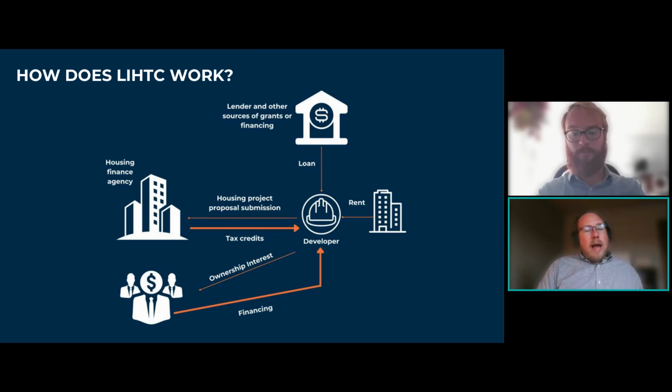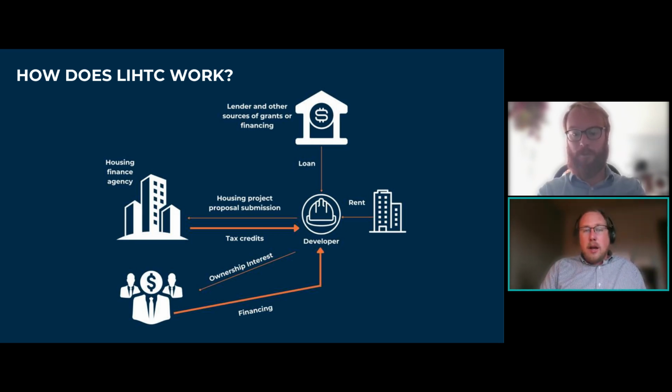So this is a graphic that's going to go into how these credits work as far as the different partners involved and what's flowing through and where. It all starts in the center with the developer. So the developer comes up with a project, a plan, they get their architectural drawings together and they're going to submit that as part of their plan to the Housing Finance Agency.